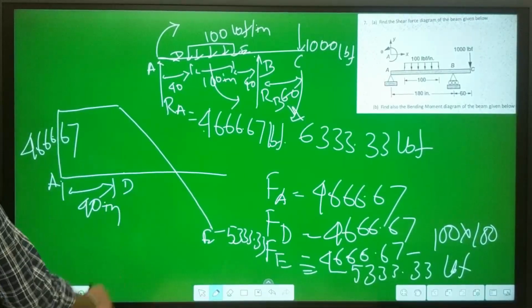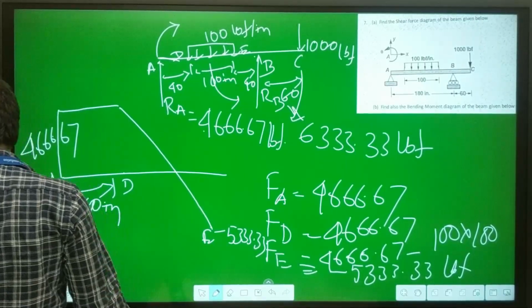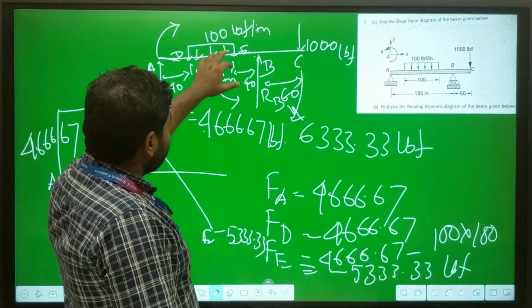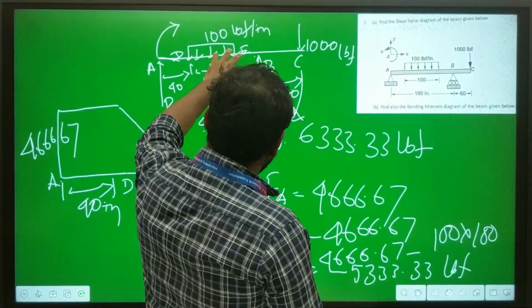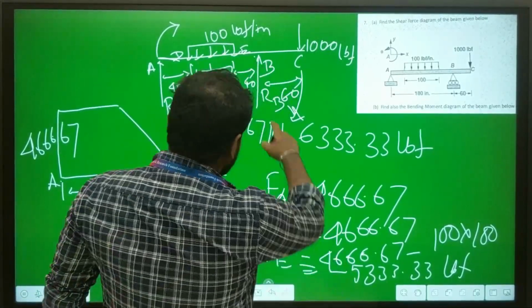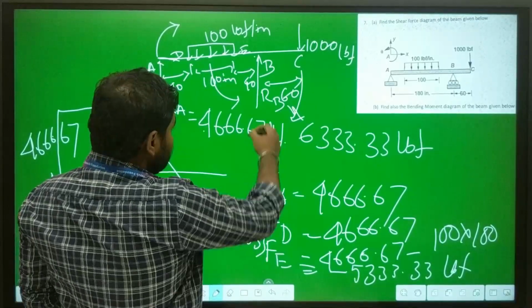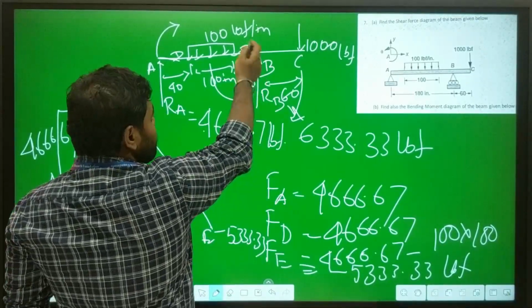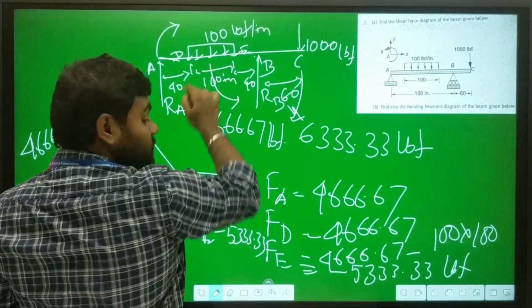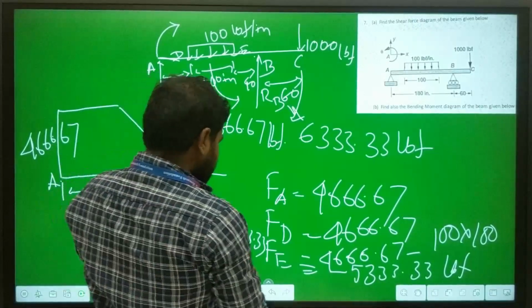After that, the value at B will be the force up to this point minus the reaction force, because the reaction force is acting in the opposite direction to the uniformly distributed load.